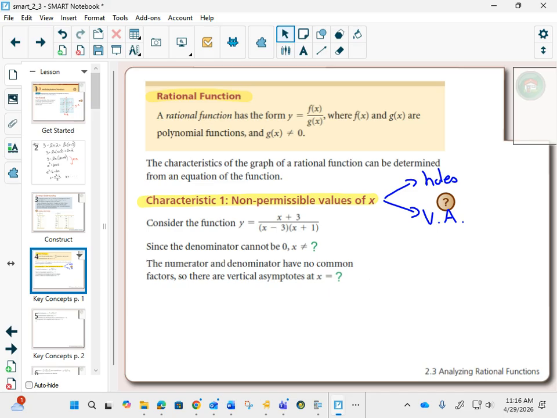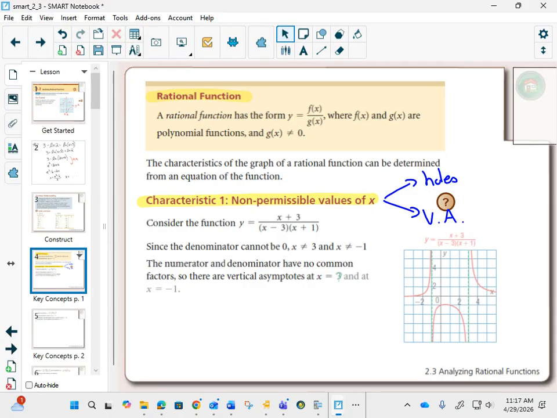So in this first function here, the bottom's already factored. The non-permissible values are 3 and -1, because that would make us divide by 0. They do not cancel out, so they become vertical asymptotes. And our job will be to graph this.